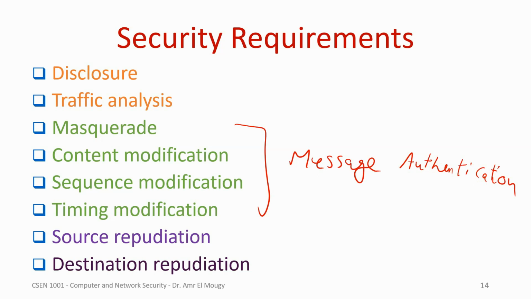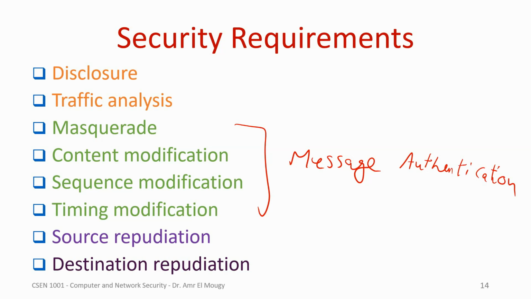Finally, we have source repudiation and destination repudiation. Source repudiation means that the source is not able to deny sending a message, and destination repudiation implies that the destination is not able to deny receiving a message. Both of them are based on some form of digital signatures. Destination repudiation is also based on a digital signature, but it also relies on feedback.